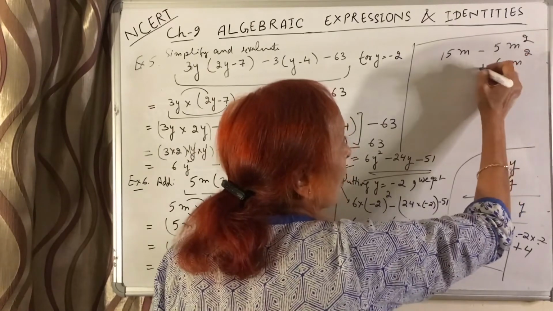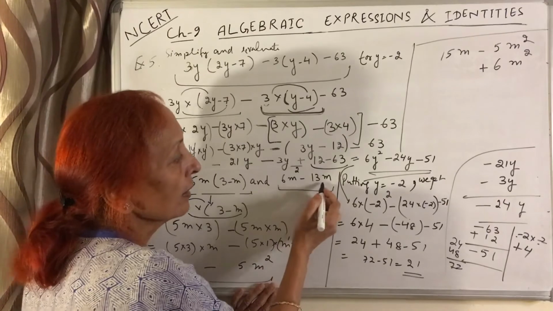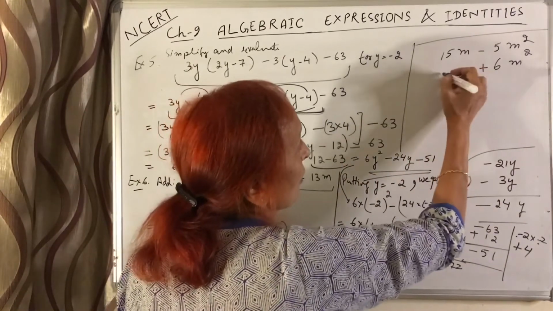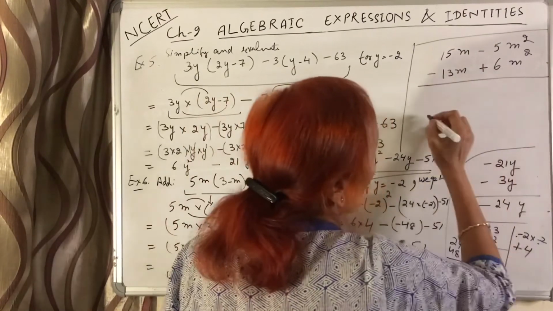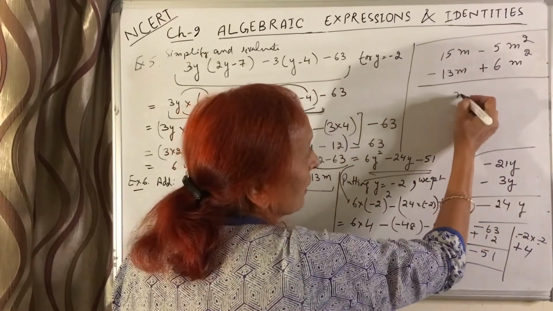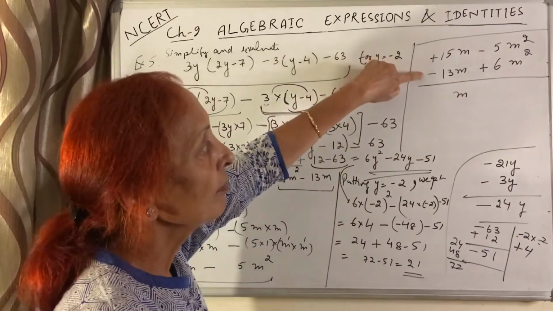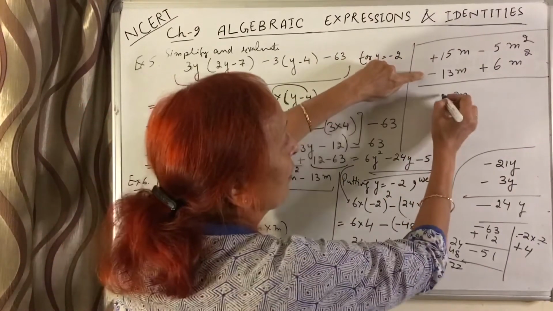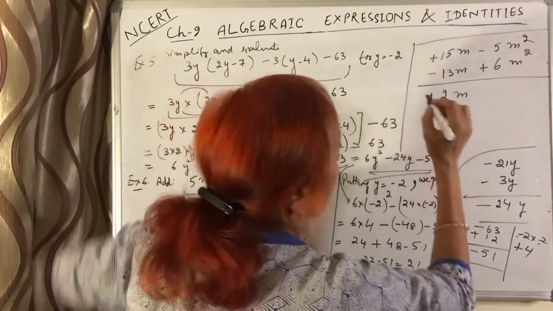Okay. No sign means plus. Minus 13m. This is the m term. So minus 13m. Now we will add. M as it is, no sign means it is plus. Different sign means we will subtract: 15 minus 13 is 2, and the sign of the bigger number, plus.